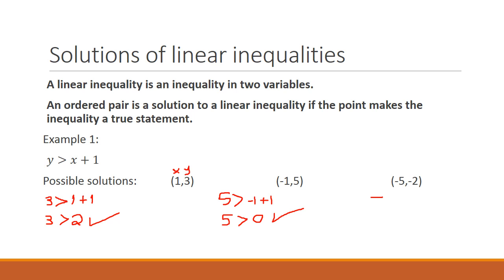We have negative 5 as x in this example, so we're going to take negative 2 for y, and greater than negative 5 for x plus 1. We have negative 2 greater than negative 5 plus 1, which is negative 4. That means again that this point satisfies the inequality.